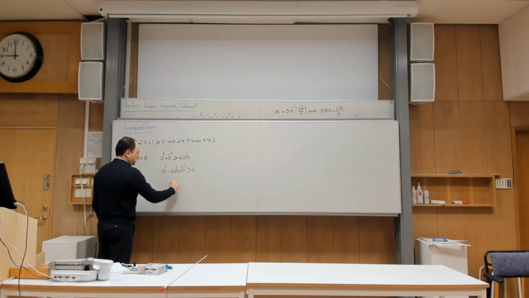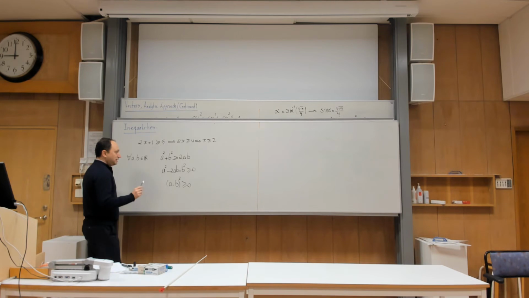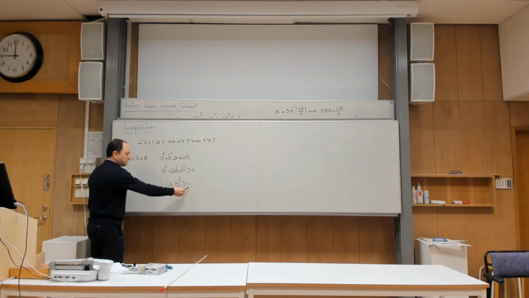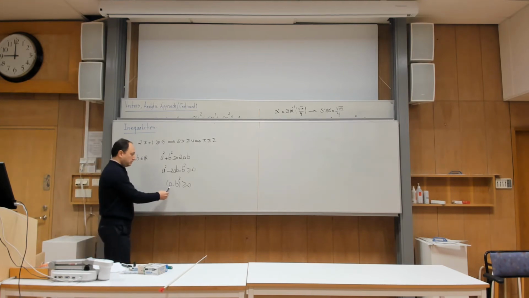It becomes (a minus b) squared is greater than or equal to 0. Okay, it was not that easy to realize that this is true, but hopefully every one of you agrees that this is true. Why? Because no matter what I'm choosing for a and b, this is a square of a number. It cannot be negative, but of course, in some cases, it can be equal to 0 when a is equal to b.